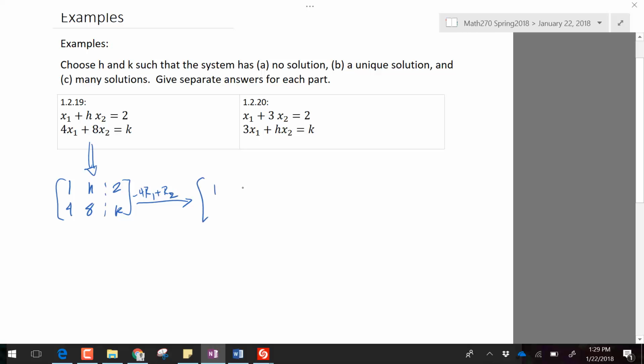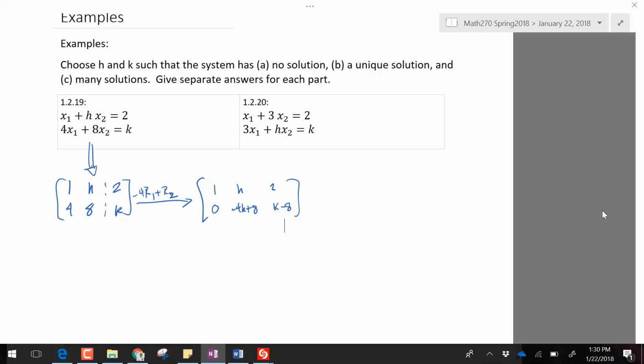So our first row does not change. And our second row will have a 0 underneath the pivot position 1. And then we'll see what else. -4h plus 8. And then -8 plus k, or k minus 8. And then we have that.